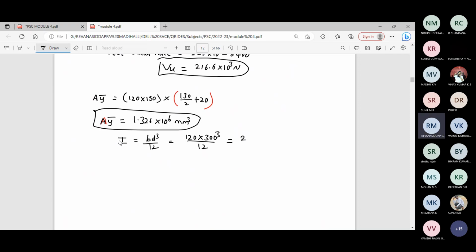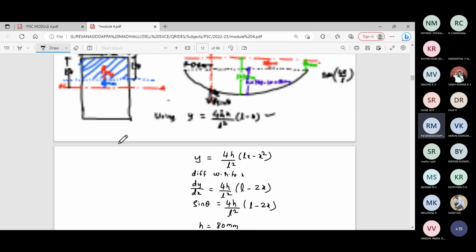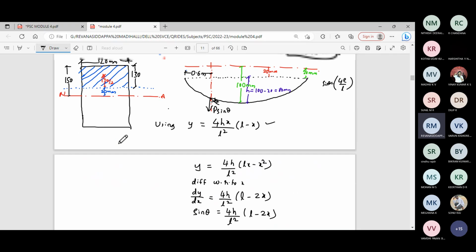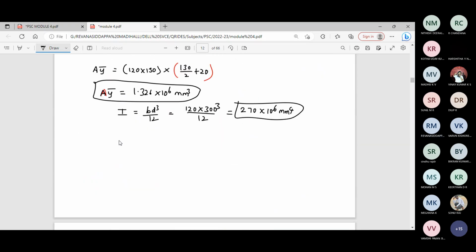Answer is 270 into 10 power 6 mm to the power of 4. Then b is equal to 120 mm.